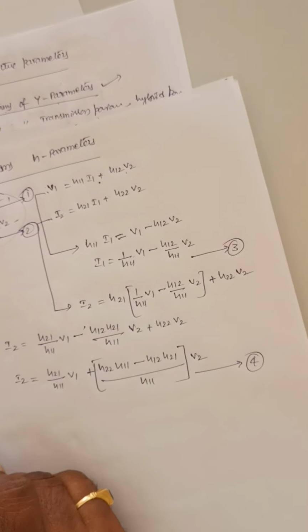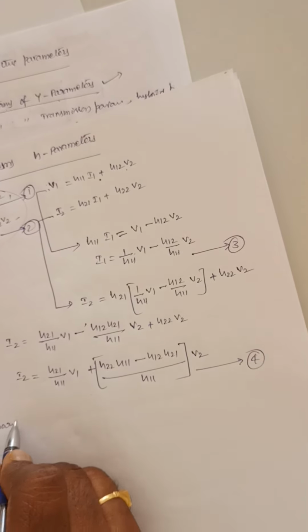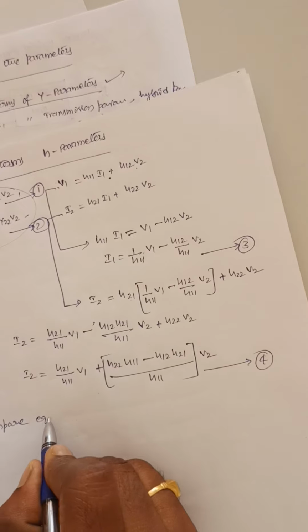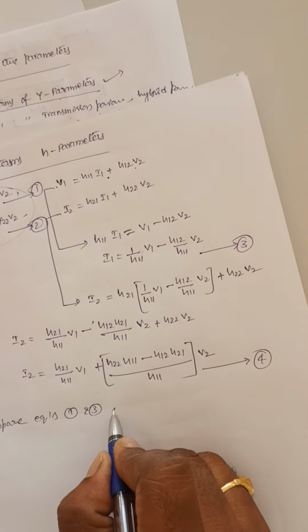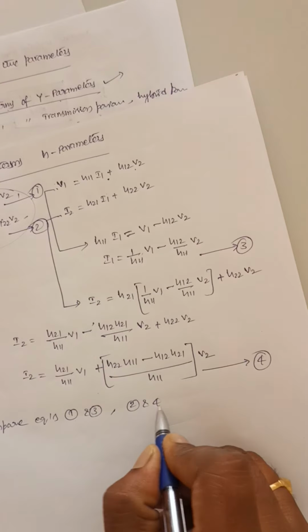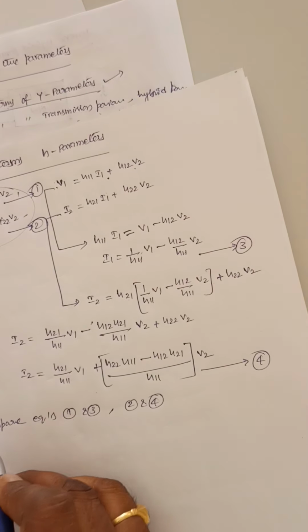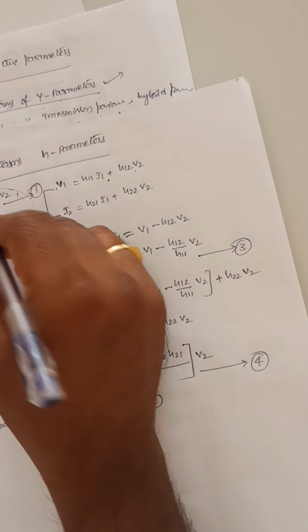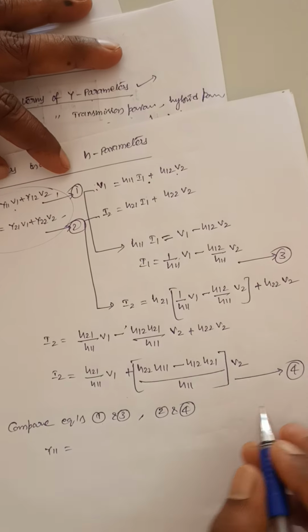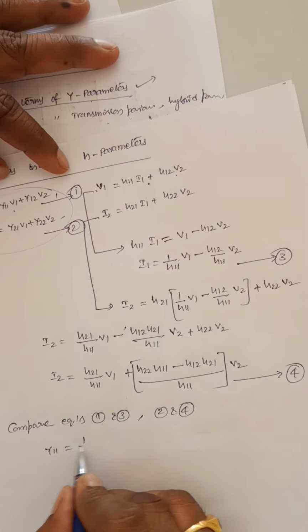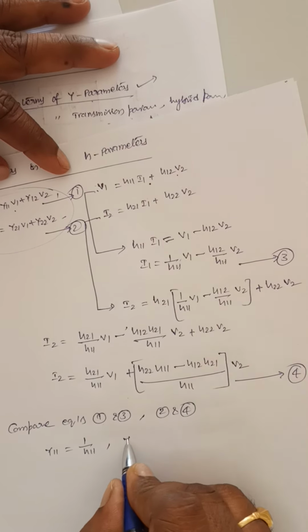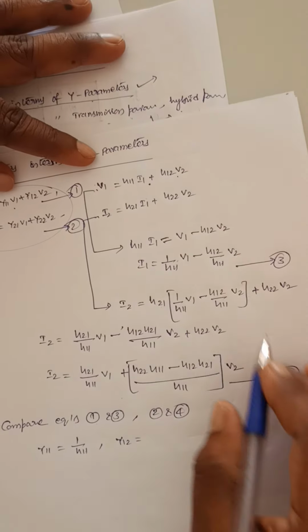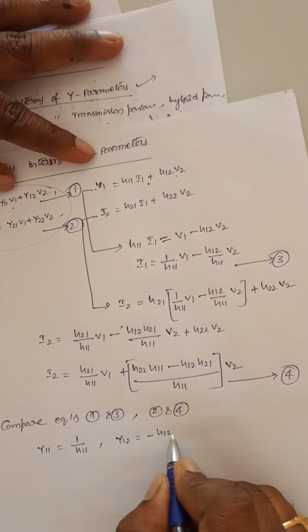So compare equations 1 and 3, 2 and 4. Now y11, the coefficient of V1, is 1 by H11. Next, the coefficient of V2, that is y12, is equal to minus H12 divided by H11.